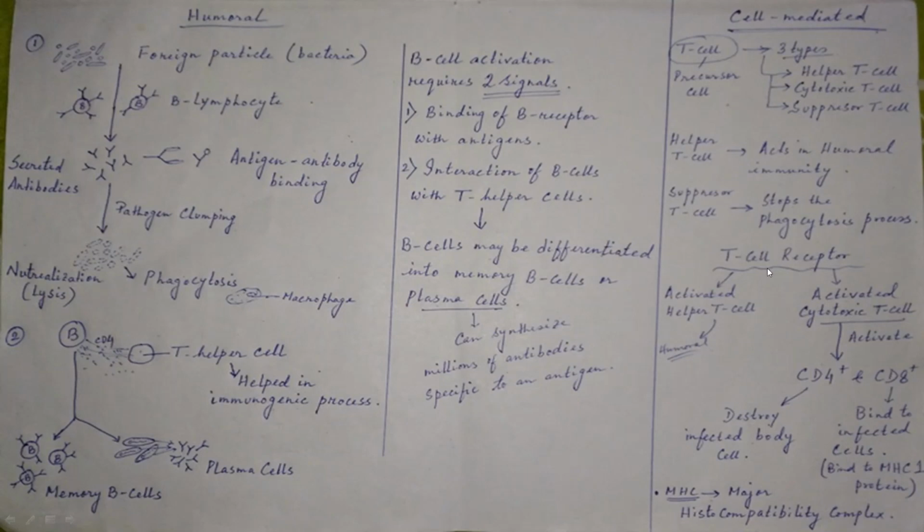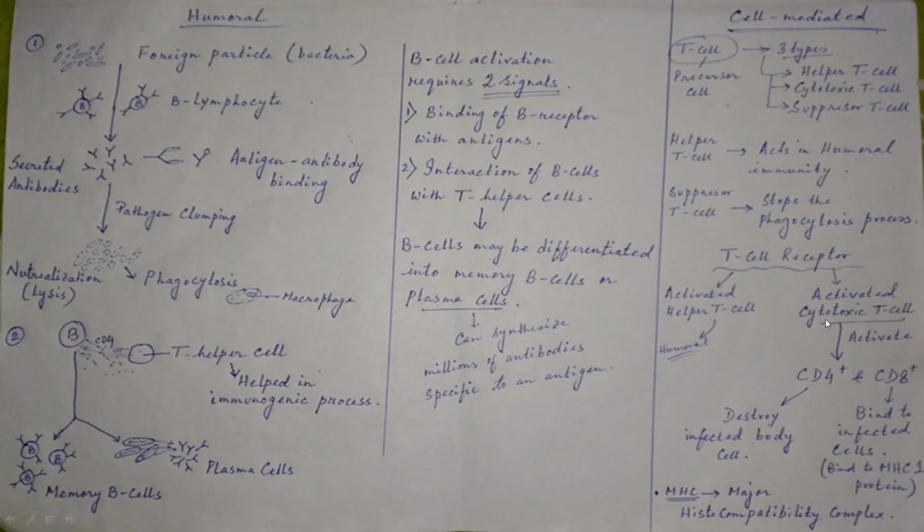Now T cell receptors are of two types: activated helper T cells and activated cytotoxic T cells. The activated helper T cells are used in humoral immunity. In cell mediated immunity, the activated cytotoxic T cells actually play the role.